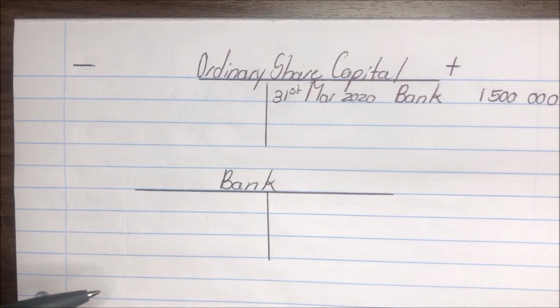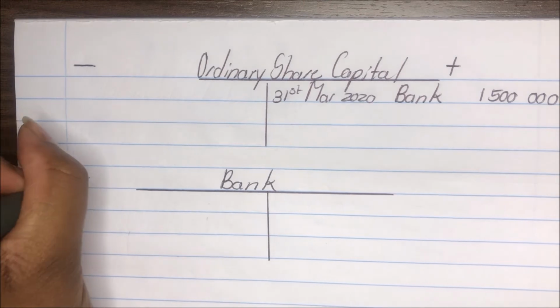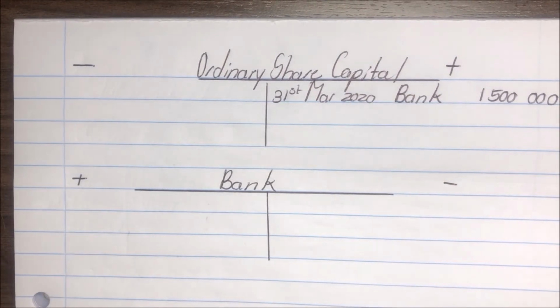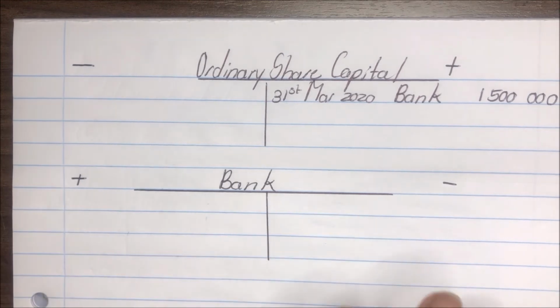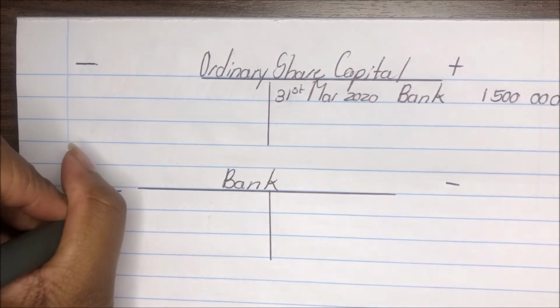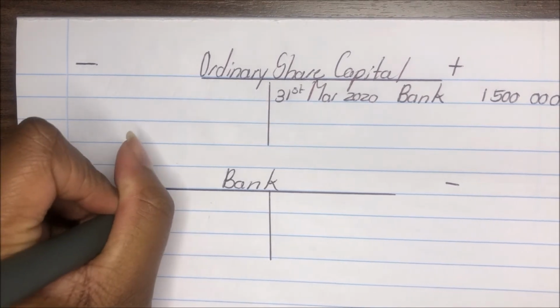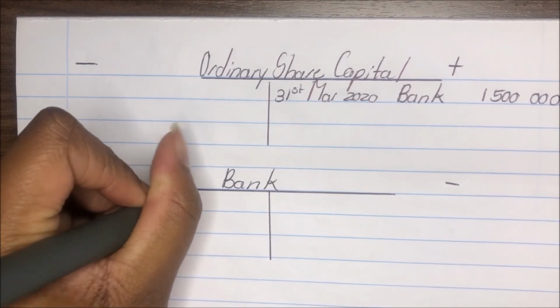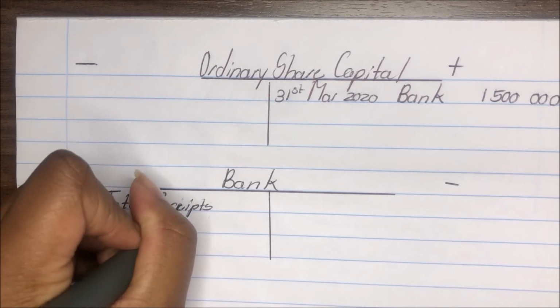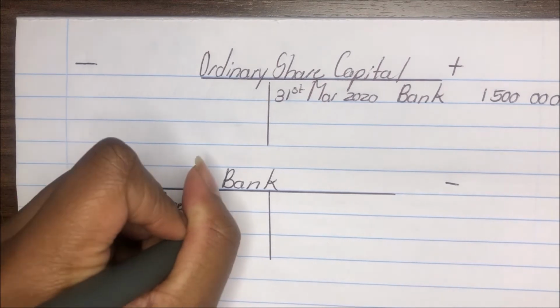Then we're looking at bank. Bank is an asset, meaning that it increases on the debit side and decreases on the credit side. We assume that that was the only receipt that we received during the year. So on the last day of the financial year, which is the 30th of June 2020, we have total receipts of 1.5 million.